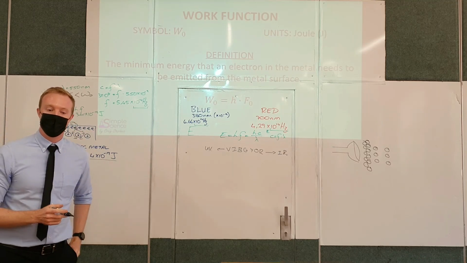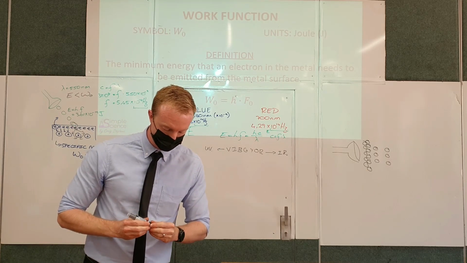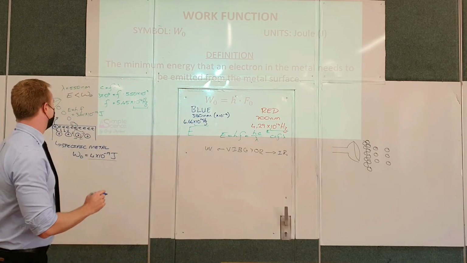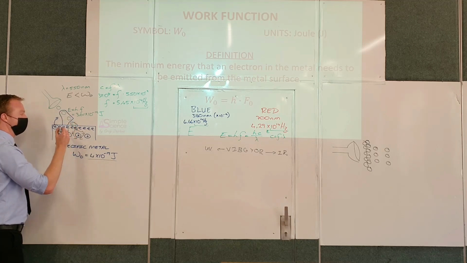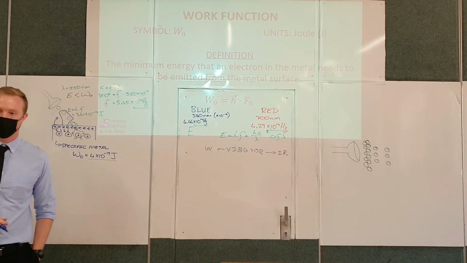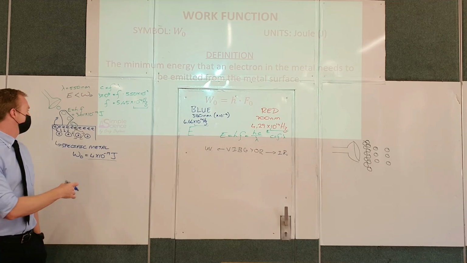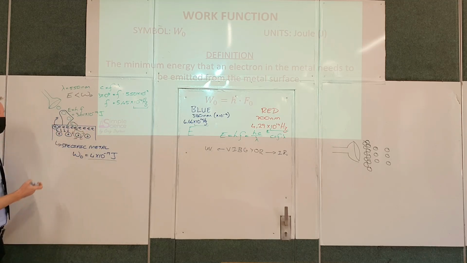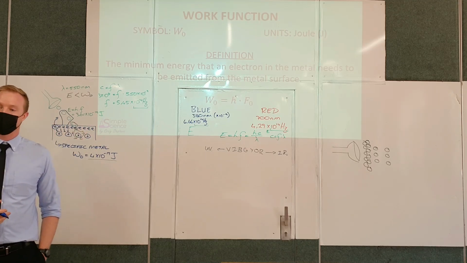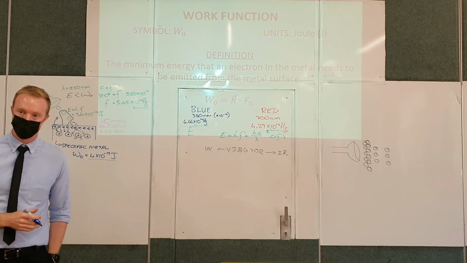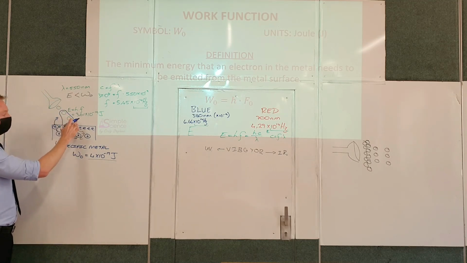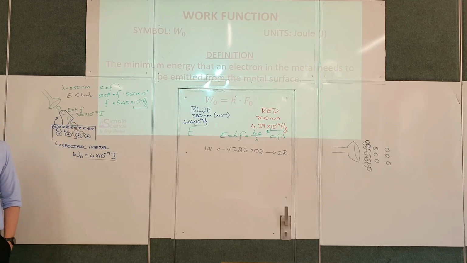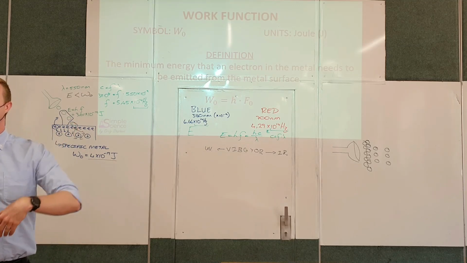Now, a common mistake here is to think that one electron could somehow absorb 2 photons of energy. Right? Because if it could absorb 2 photons of energy, then it would have more than enough energy to escape. The reason why that cannot happen is twofold. Number one, it can't happen because as soon as the electron absorbs 1 photon, it goes bouncing around and loses that immediately.